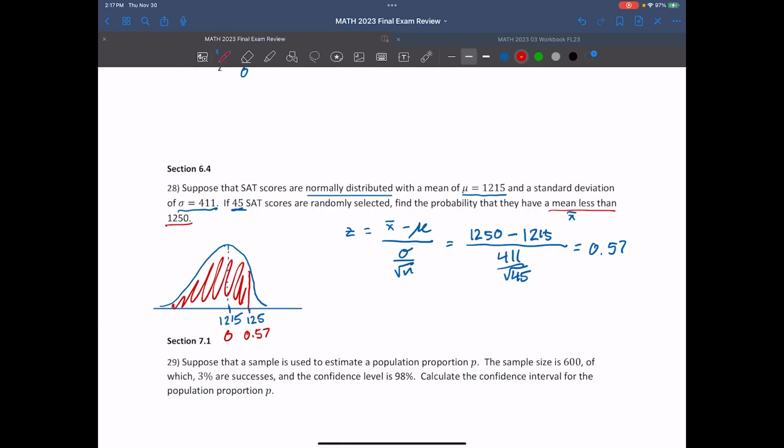So the probability that they have a mean less than 1250, converting this to a z-score, 0.57, is 0.7157.